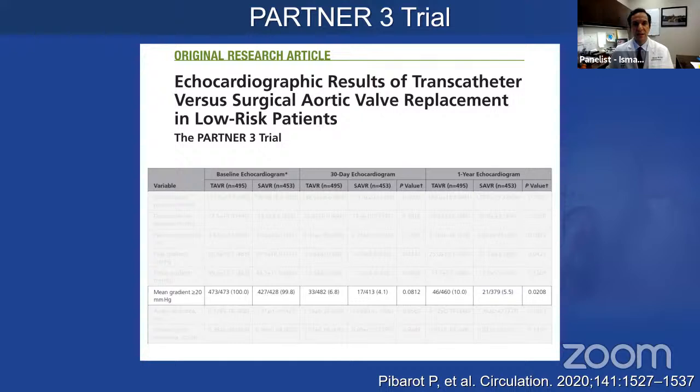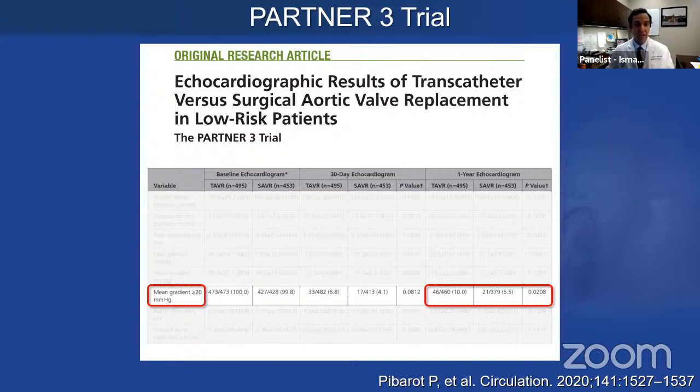This is the incidence of mean gradients over 20 in these patients. So patients who are now in the moderate stenosis range only 2 years after the procedure. And if you look at the incidence in the TAVR group, it was already 10% of the patients that had moderate stenosis after their TAVR procedure versus 5% in the surgery group.